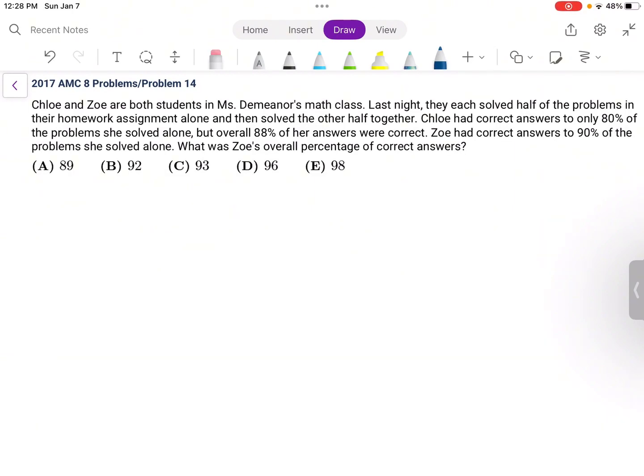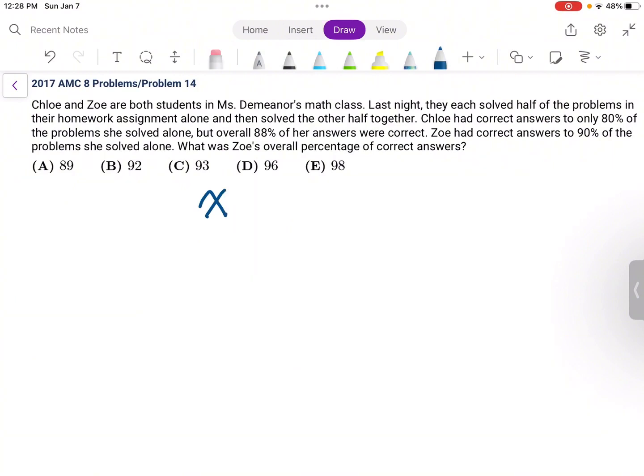Problem 14. Let's assume when Zoe and Chloe did the rest half of the problems together, they did X percentage correctly.